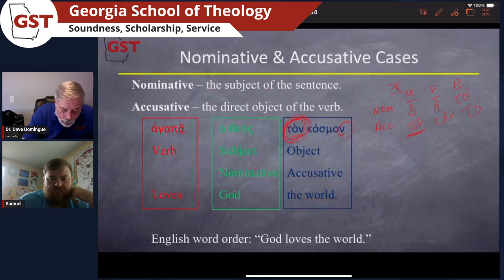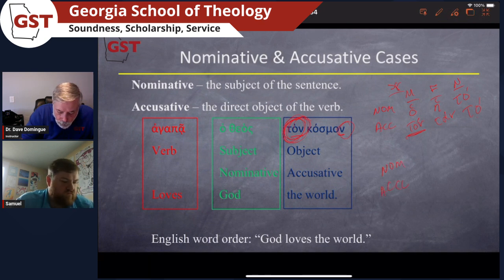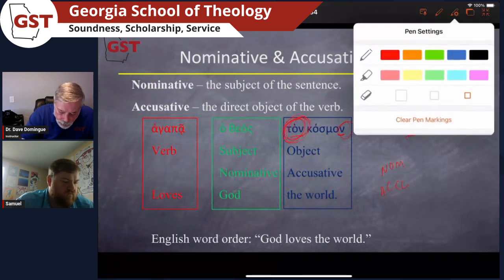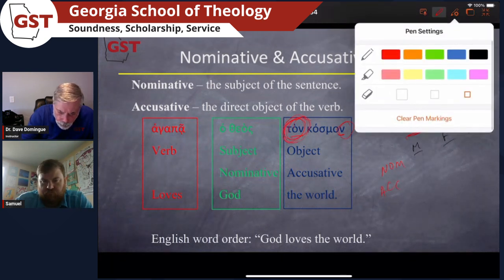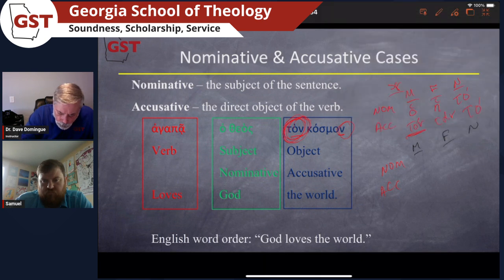Now, if you're looking at the word, if we do the paradigm, nominative, accusative, our masculine, our feminine, our neuter, what would be the case ending for nominative?